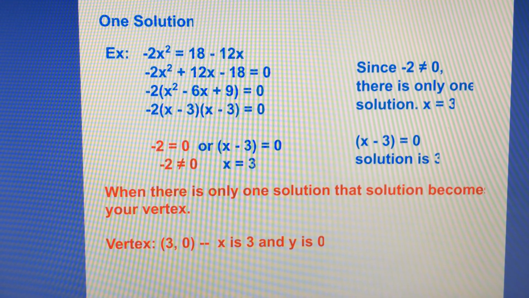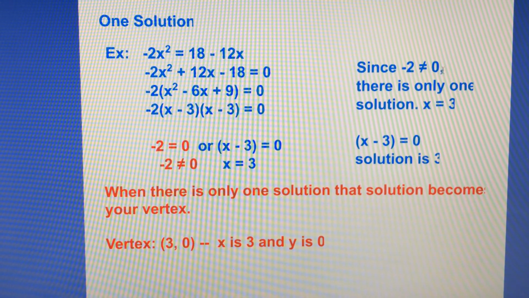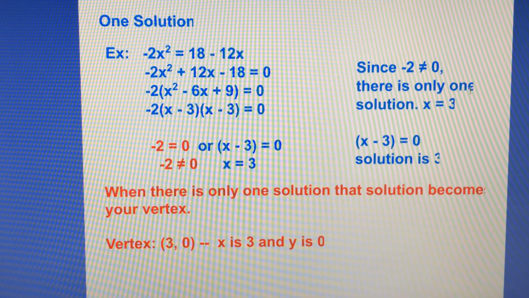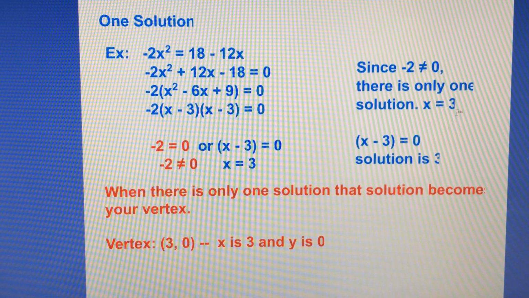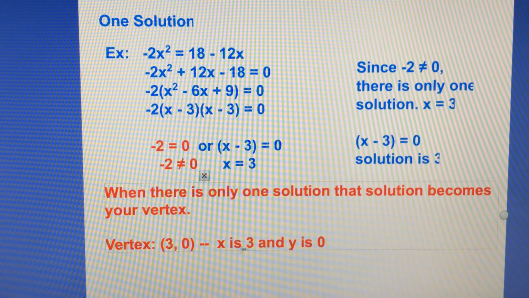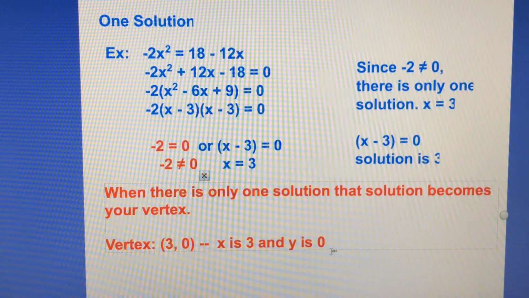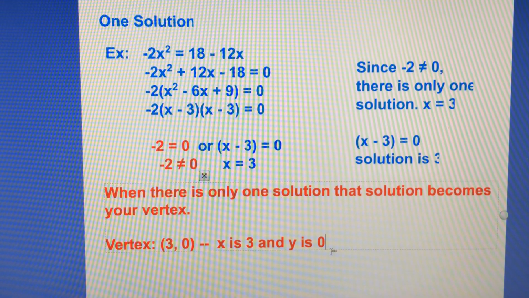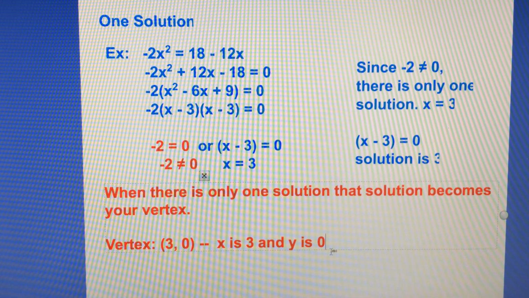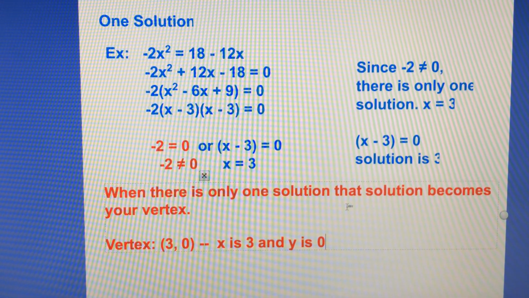So my solution is 3. X equals 3. Since negative 2 will never equal 0, there is only one solution, x equals 3. When there is only one solution, that solution becomes the vertex, (3, 0). So not only was it your axis of symmetry, but it was also your vertex.